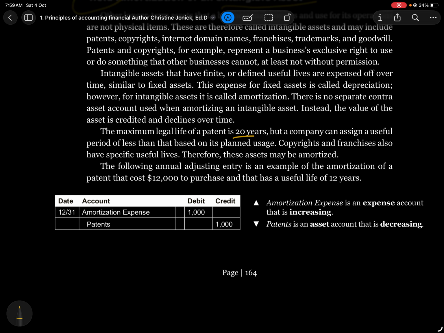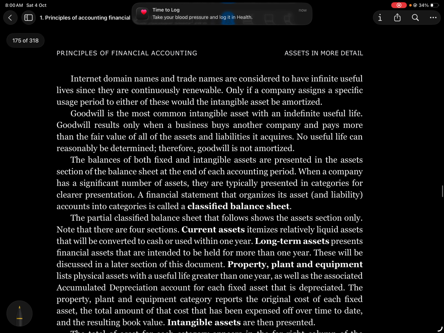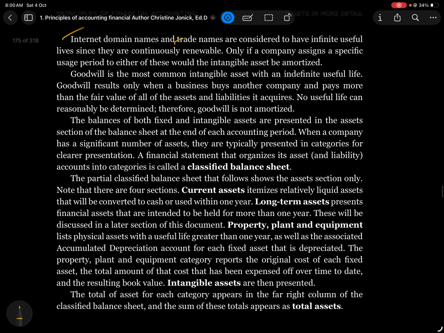So, a 12,000 patent with a life of 12 years: debit amortization expense, credit patent. Similarly, there might be domain names, trade names, goodwill, which have an indefinite life. If the life can't be determined, it will not be amortized. If the useful life is determined, it can be, otherwise it's not.